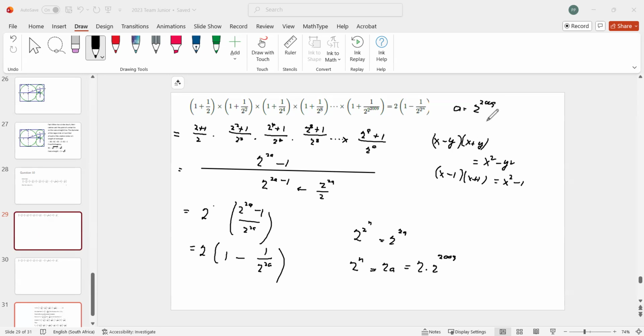Otherwise, you'll have to carry this huge, terrible thing all over the place, and I found it very hard to work with. Okay, you've got the same base here, so you can add indices. 2 to the power of 1 plus 2009 is 2010. So you've got 2 to the n equals 2 to the power of 2010, and that finally tells you that n is equal to 2010. That's the answer.